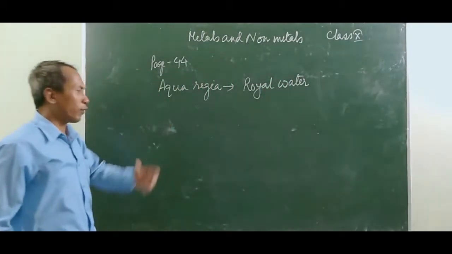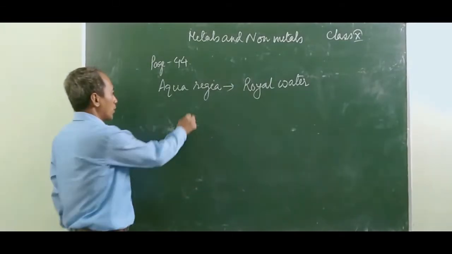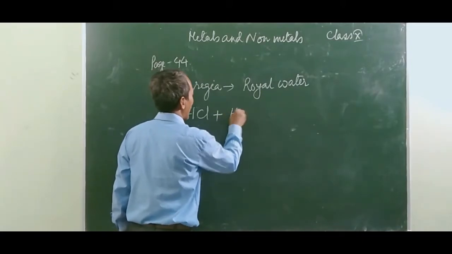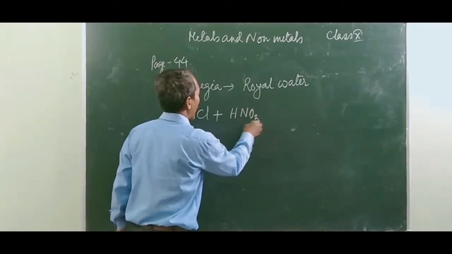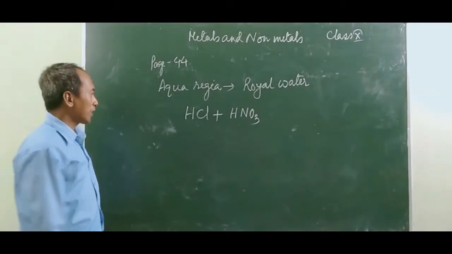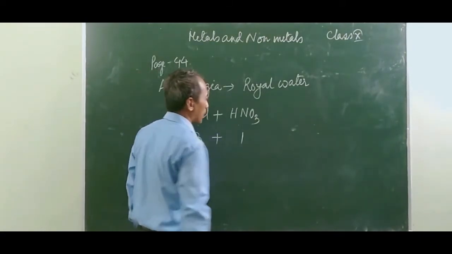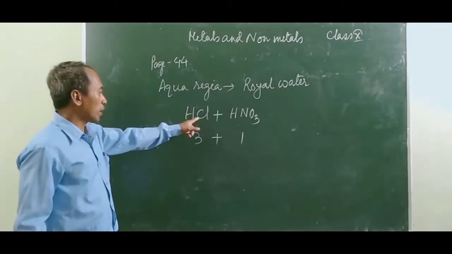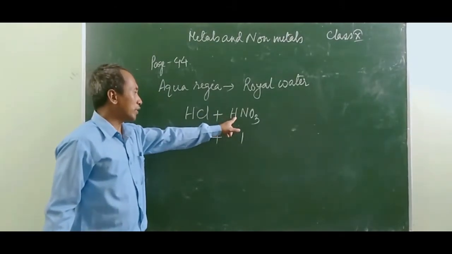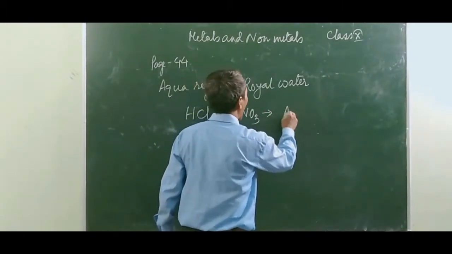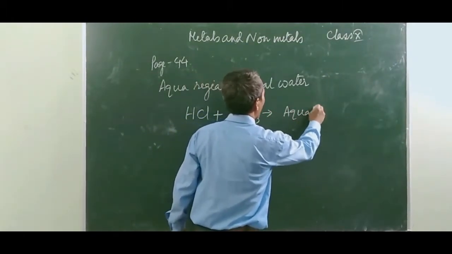So how is it formed? It is formed with a combination of two acids, hydrochloric acid and nitric acid. Hydrochloric acid 3 parts and nitric acid 1 part forms Aqua Regia.